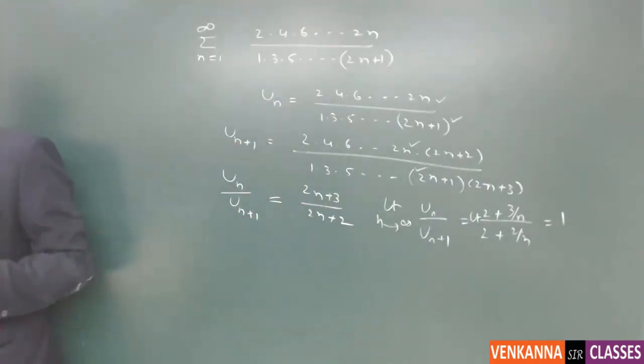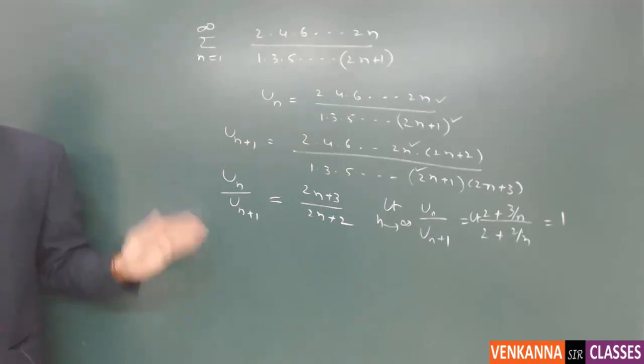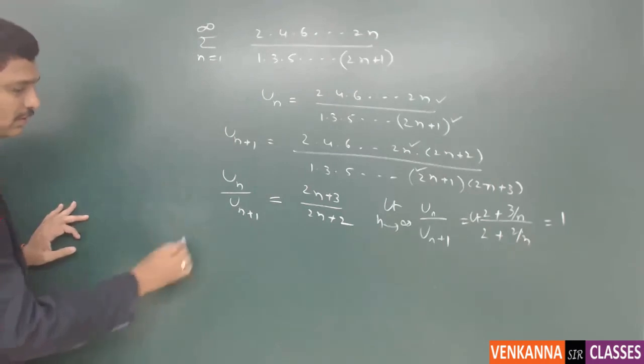Therefore, the ratio test fails here. So by default, we apply Raabe's test here. So let us calculate it.